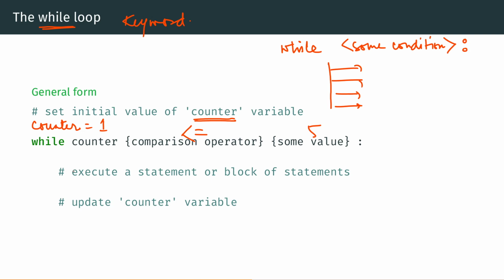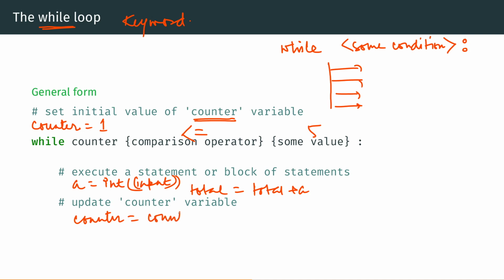So we will say a equals int input, right? And then the next line, total equals total plus a. And then we'll update the counter. We'll say counter equals counter plus 1.